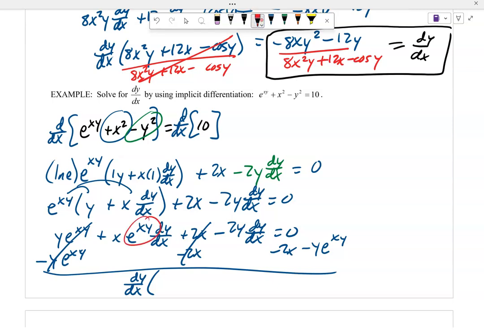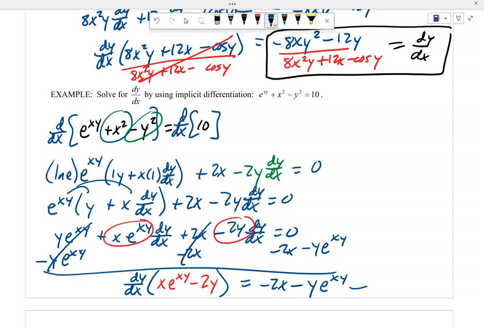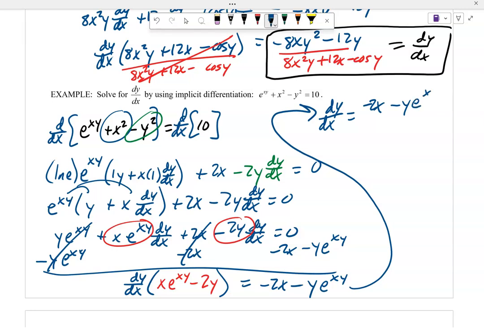So I'm left with x e to the xy, once I take a dy/dx out of both of those, minus 2y. So once I divide both sides by what's in red, I'll have negative 2x minus y e to the xy divided by what's in red there, x e to the xy minus 2y.